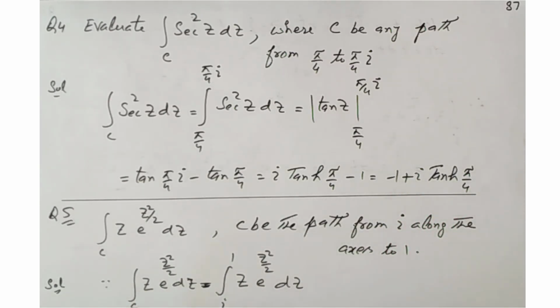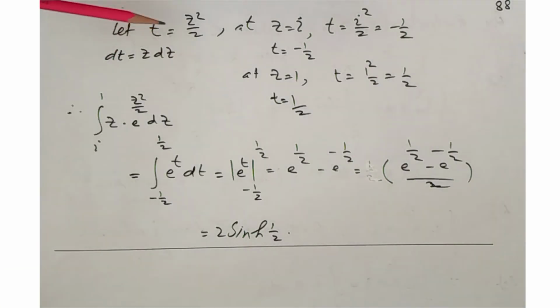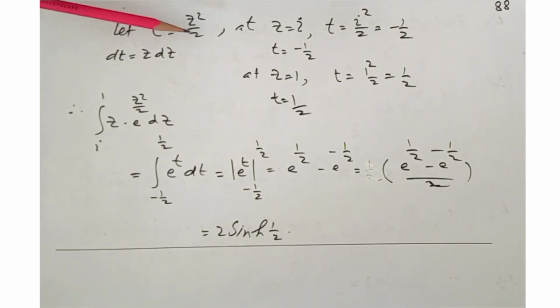Now question 5. The integral of z e^(z²/2) dz, where c is the path from i along the axis to 1, where the limits are from i to 1. Again we solve it by the substitution method. We let t equal to z²/2.